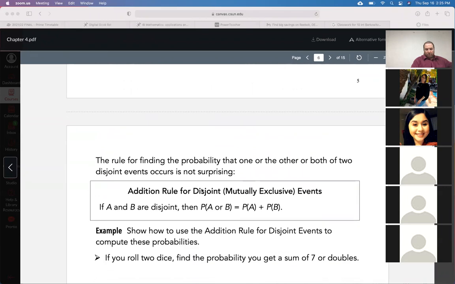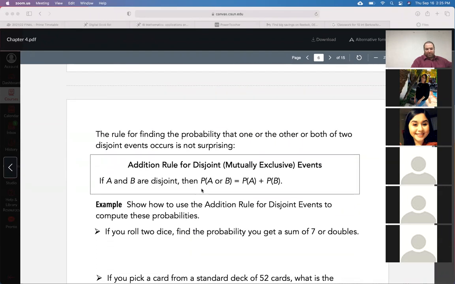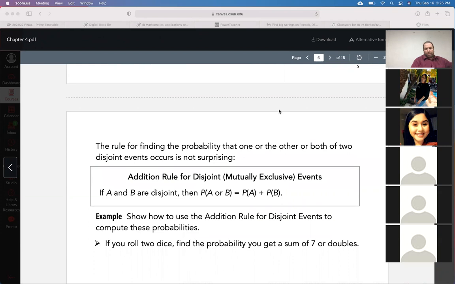Okay? So, for example, if you roll 2 dice, find the probability that you get a sum of 7 or you get doubles. Well, the first thing you want to ask yourself is, are these disjoint events? Can I get both at the same time? No. If I cannot get both at the same time, then they are disjoint.